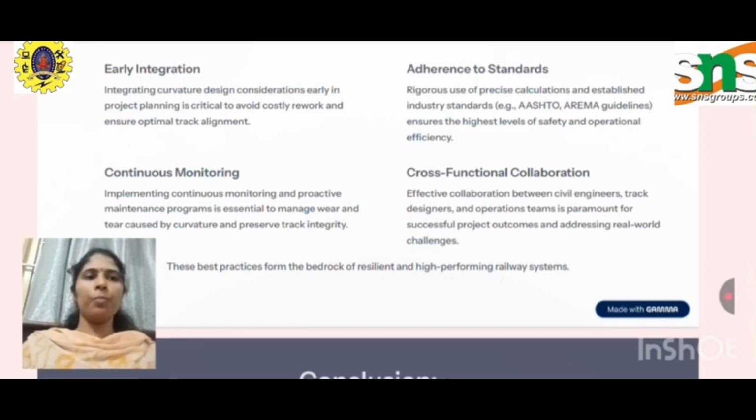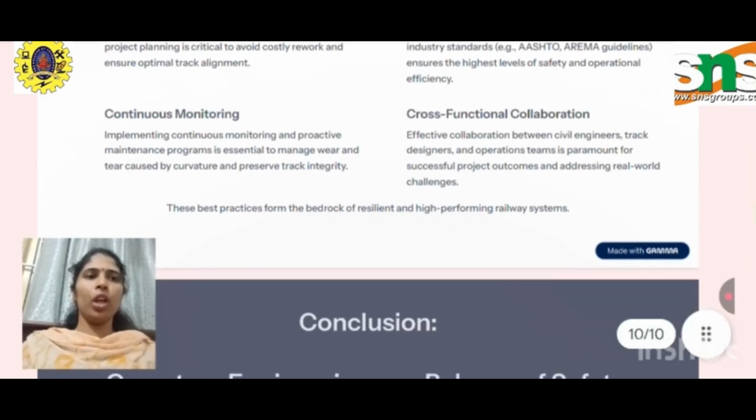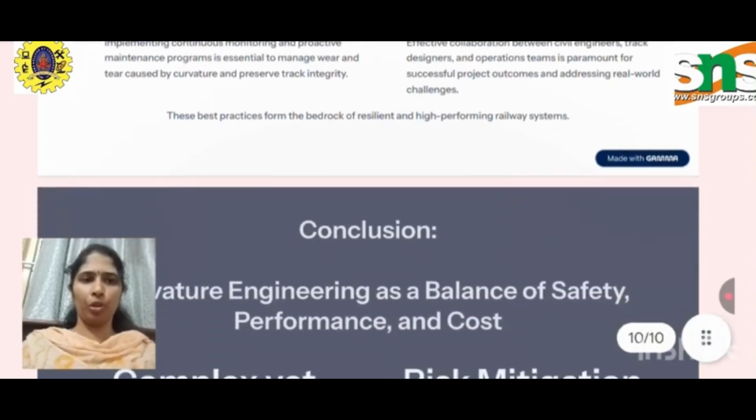Rigorous use of precise calculation and established industry standards ensures the highest level of safety and operational efficiency. Continuous monitoring: implementing continuous monitoring and proactive maintenance programs is essential to manage wear and tear caused by curvature and preserve track integrity. Cross-functional collaboration: effective collaboration between civil engineers, track designers, and operations teams is paramount for a successful project.